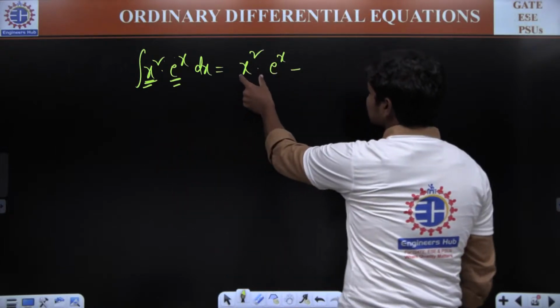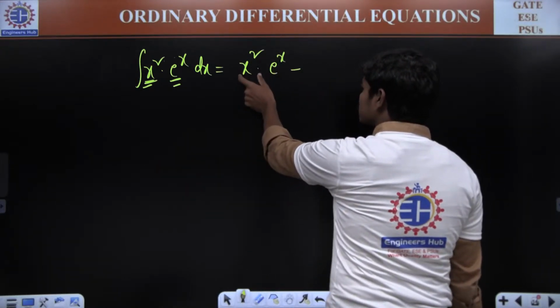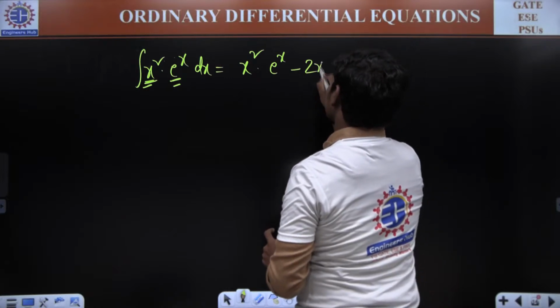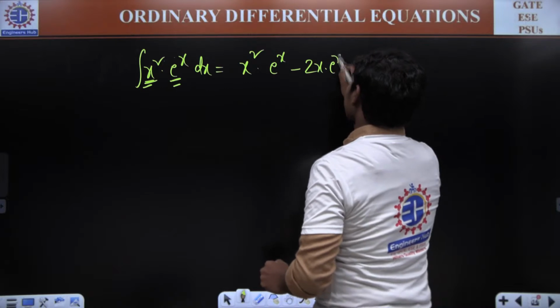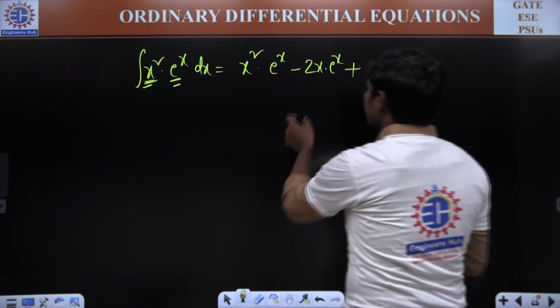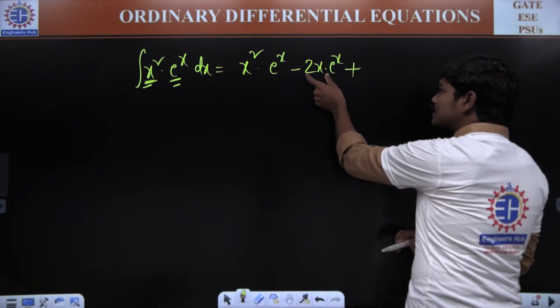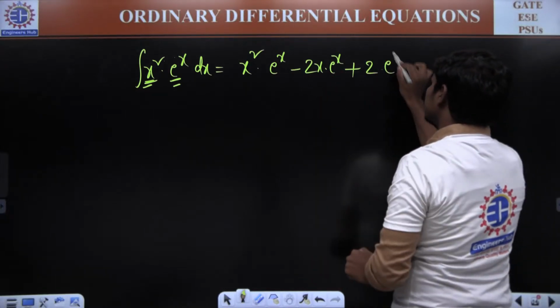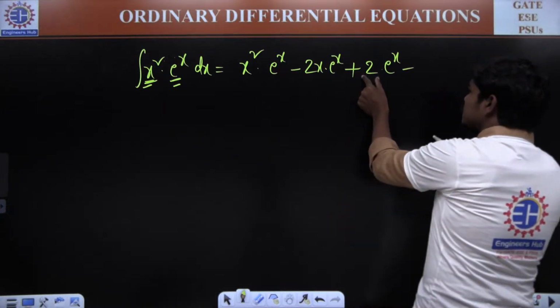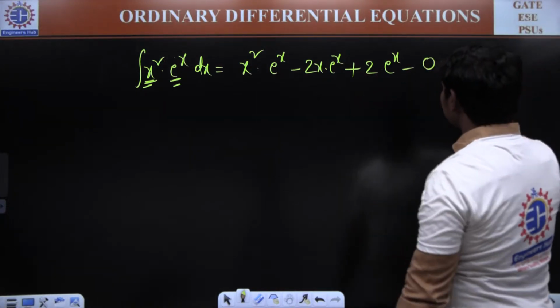Now the first function here is 2x square, so the differentiation of this x square is 2x into the integration of this function, which is again e power x. You have taken minus, so take plus again. Now here the function is 2x, so the differentiation of this 2x is 2, and the integration of this e power x again is e power x, minus differentiation of this 2 is 0, and from here every term goes to 0.